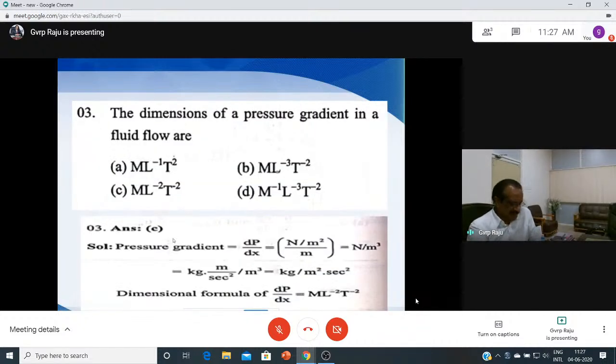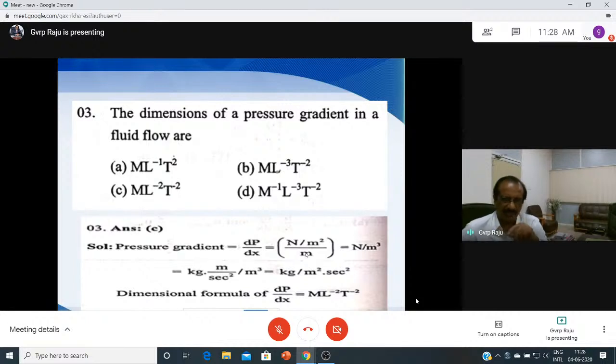The other important question: the dimensions of a pressure gradient. In fluid flow, dimensional analysis is also required, converting into the MLT system, which he has given here. The pressure gradient is dP by dx, which is Newton per meter square by meter. The unit of pressure, Pascal, is Newton per meter square, so divided by meter, that is Newton per meter cube.